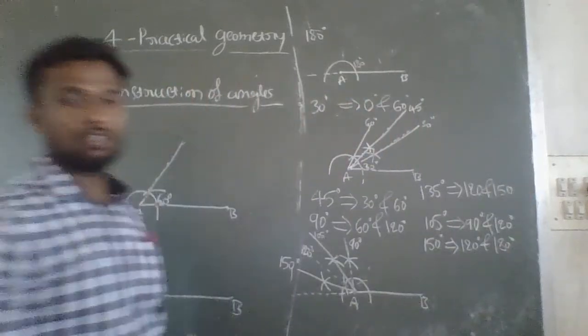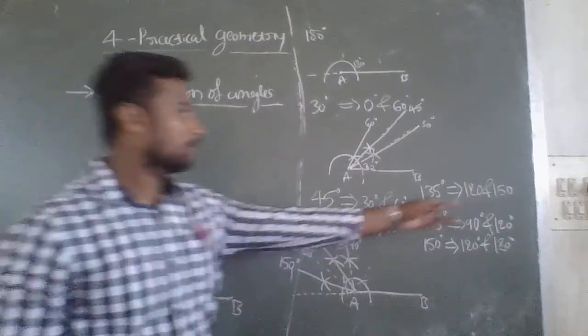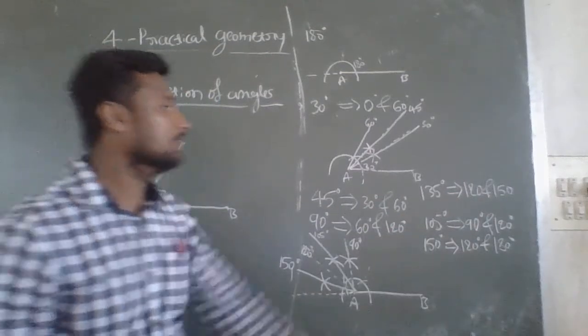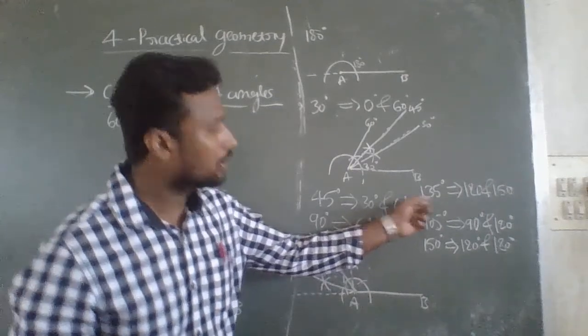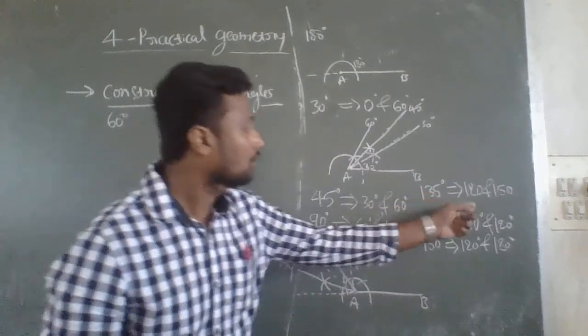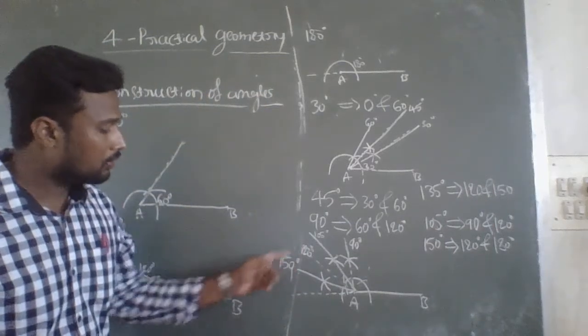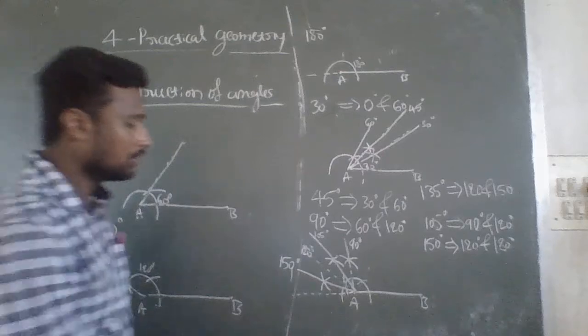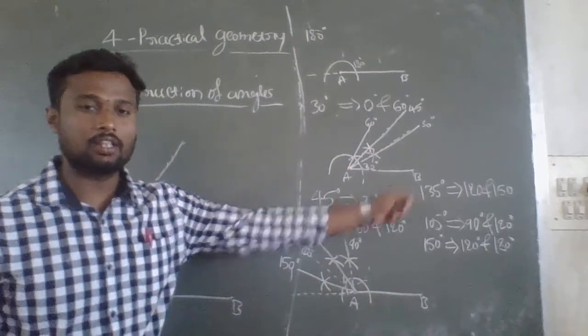Here this 135 is 15 greater than 120 and 15 less than 150. Therefore 135 is between 120 and 150. Here we have angles 120 and 150. By using these angles, we can construct angle 135 degree.